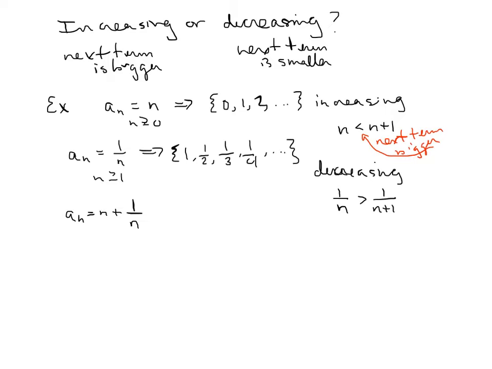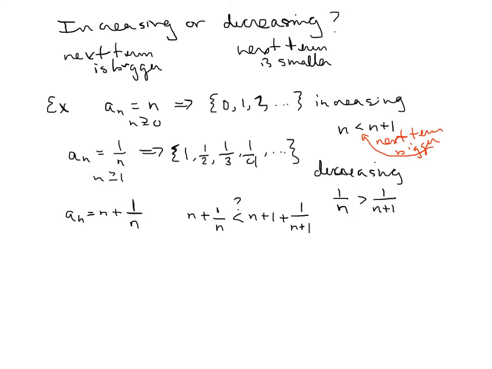So I'm going to make a guess. I'm going to say that maybe n plus 1 over n is smaller than n plus 1 over n plus 1.